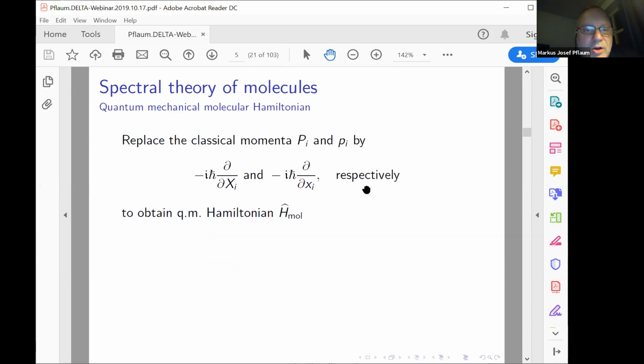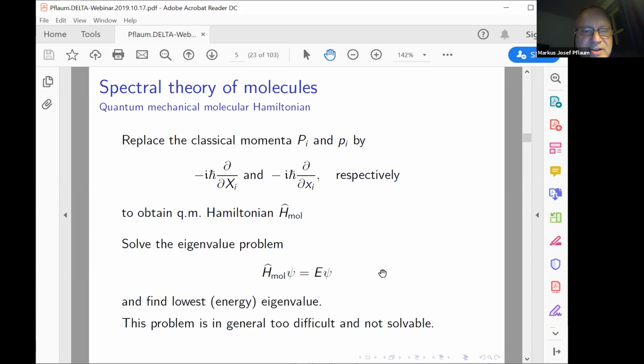Then the idea is to solve this eigenvalue problem for this Hamiltonian H mol. This is a problem which is mathematically and also numerically essentially not solvable. It's huge, and even just finding the lowest eigenvalue is way too difficult.